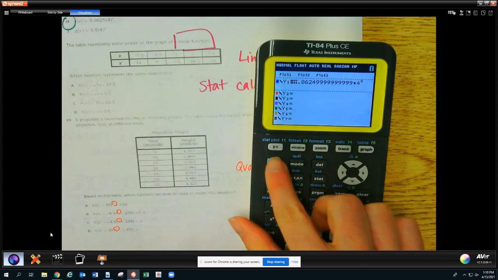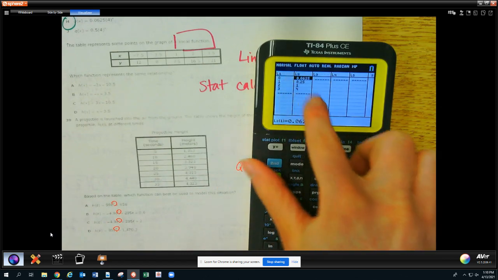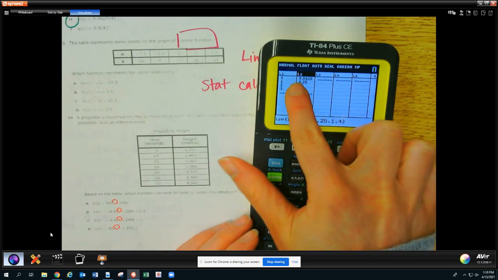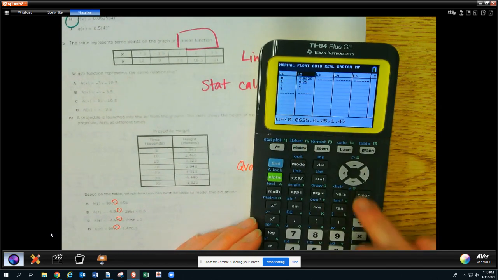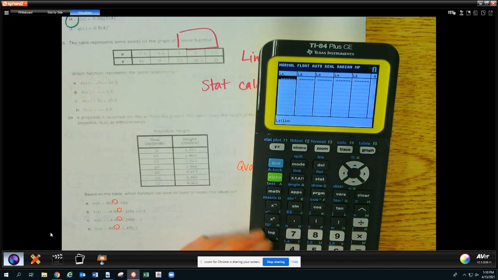Okay, so stat, edit. I've already got information in here. You can either do a reset or you can go up and highlight L2 and press clear, enter. Okay, so for the X's, 5, 10, 15, 20, 25, 30, 35.